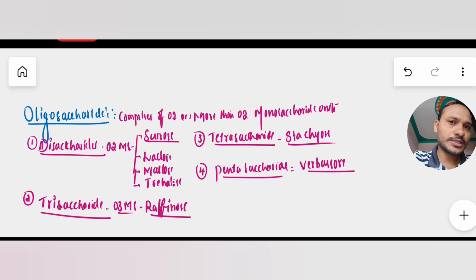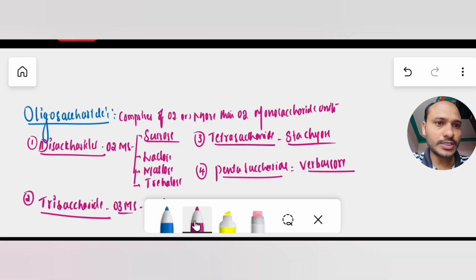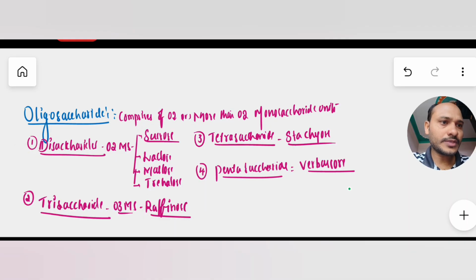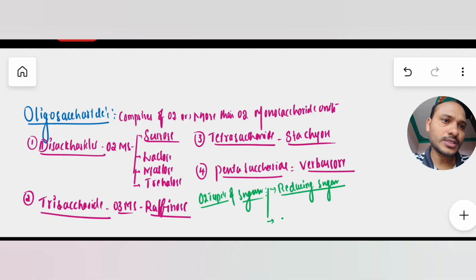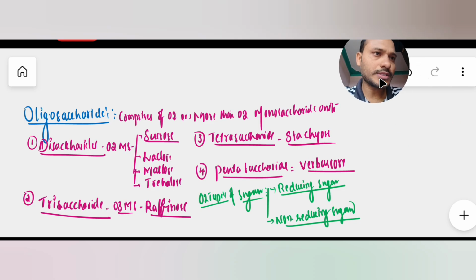Before we discuss this, let's know two important terms. Based on their ability to donate electrons, we have two types of sugars: reducing sugar and non-reducing sugar.